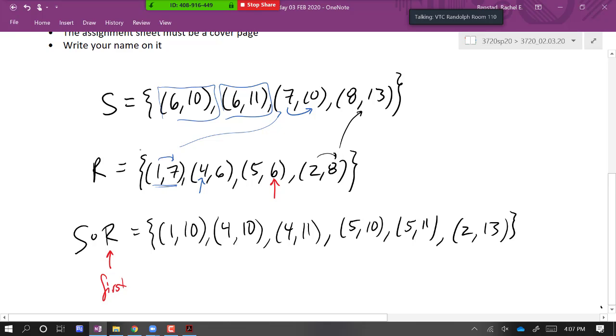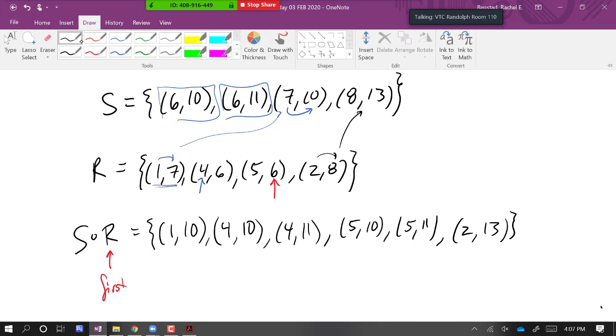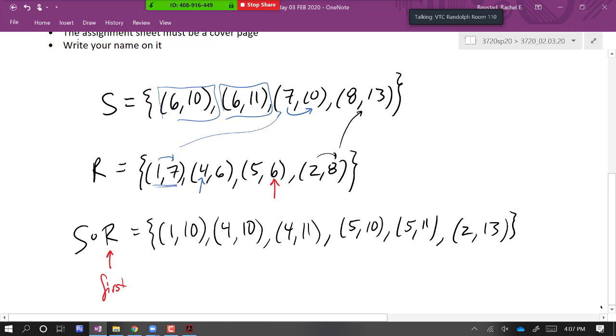So imagine, I'm going to change this slightly, so it's not going to match exactly what the practice problem is. But imagine that R also contained (3, 9). Right? So I would start at 3 and say, oh, okay, 3 goes to 9, and then I look to see what happens to 9 in S. 9 isn't related to anything.